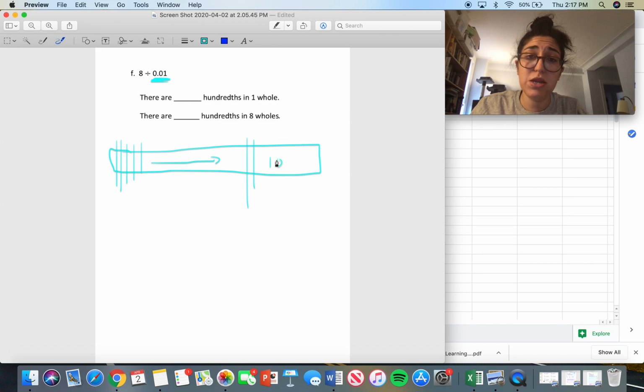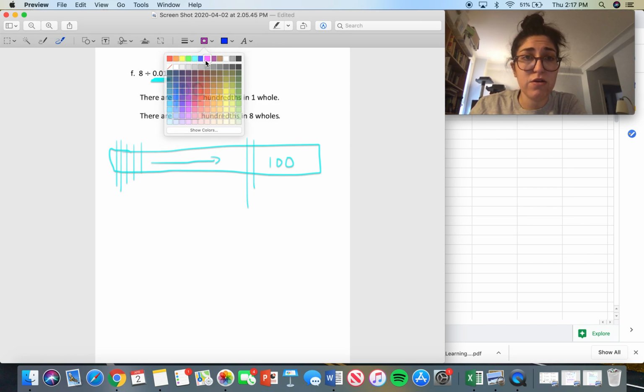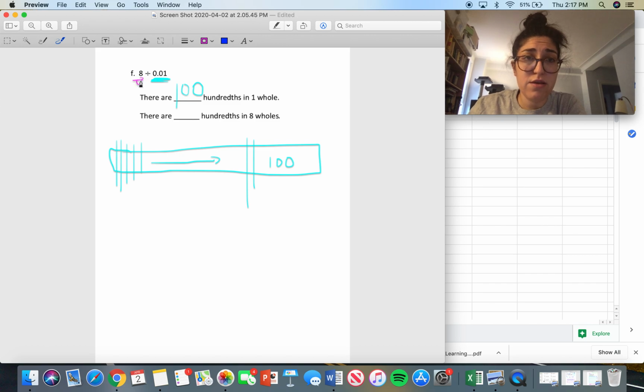The question is, how many pieces would I have? I would have, in one whole, 100 hundredths. But how many wholes do I have here? I have 8 wholes. So if in one whole there's 100 hundredths, in 2 wholes there would be 200 hundredths, in 3 wholes 300 hundredths, and so on.